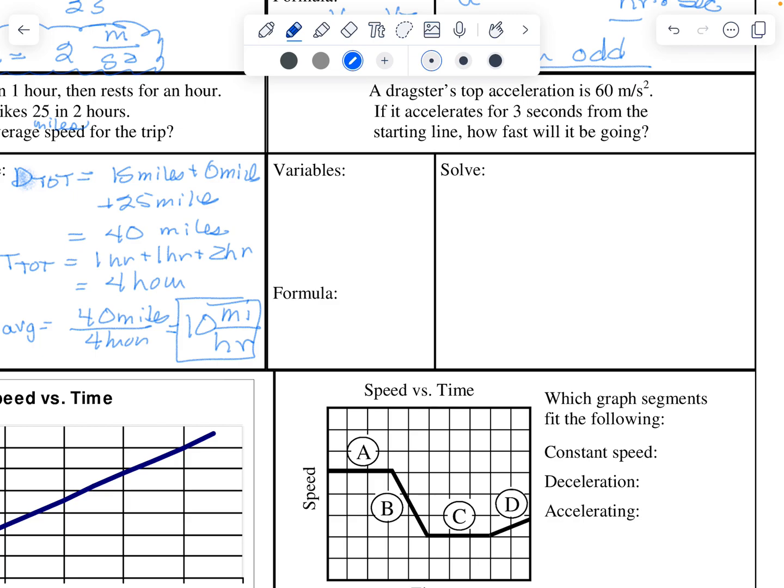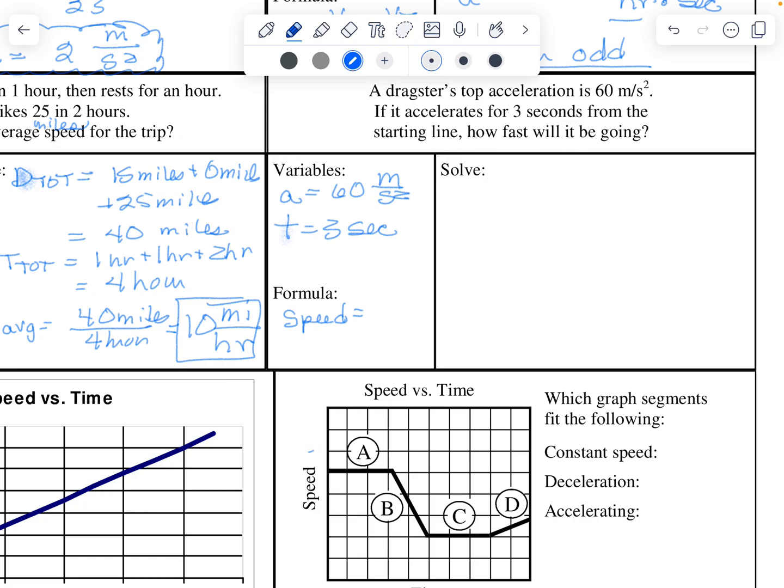Next, we're asked to consider a dragster whose top acceleration is 60 meters per second squared. So my acceleration is 60 meters per second squared. If it accelerates for 3 seconds, find how fast it will be going. I've still got to give you something here that I haven't given you yet.